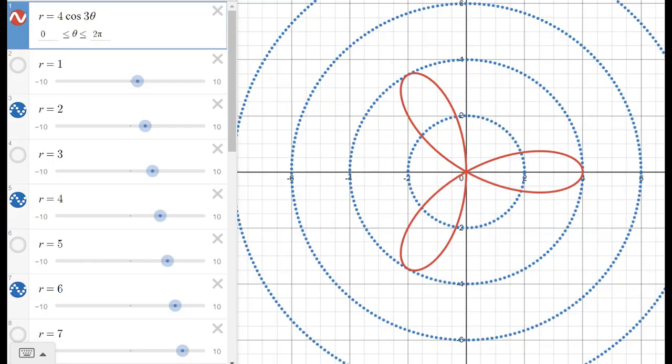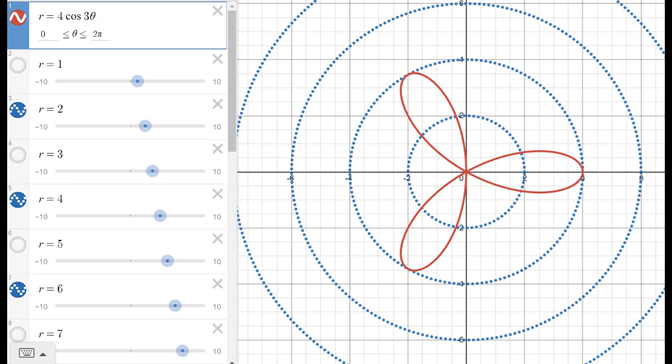And just to show you a couple of other fun things that happen in polar coordinates, I have here r equals 4 cosine 3 theta. Look at the unique shape that we get, in red. It creates much more interesting graphs than what we get in the rectangular coordinate system. A lot of people can get a little arty with these.